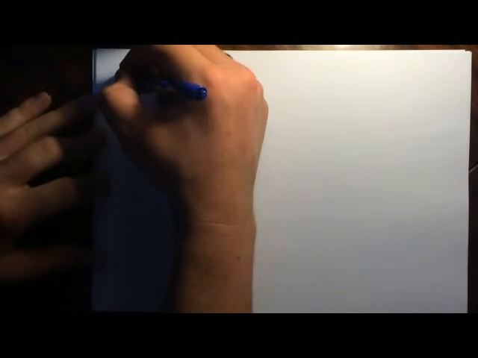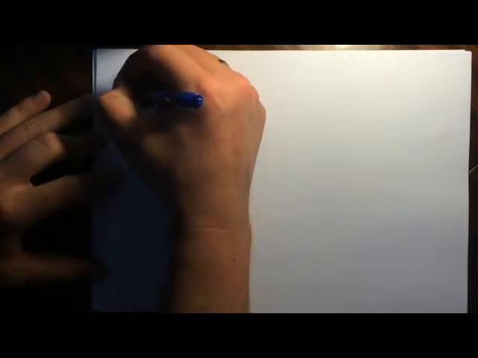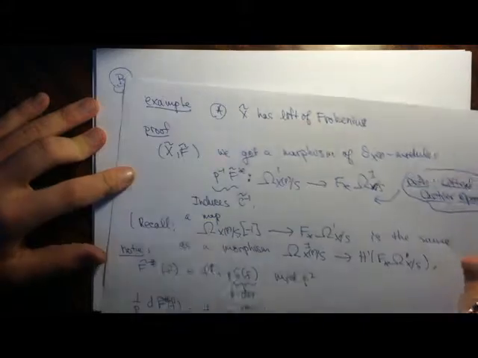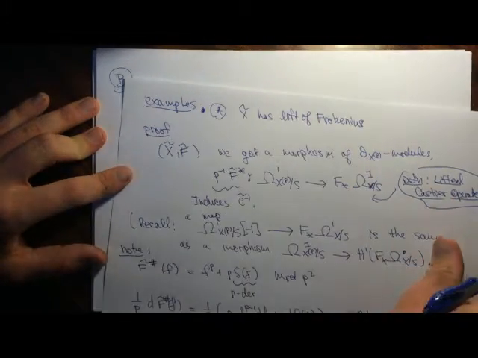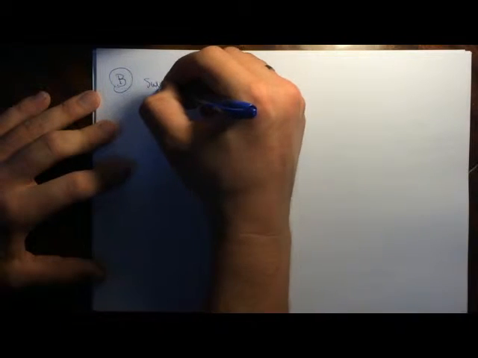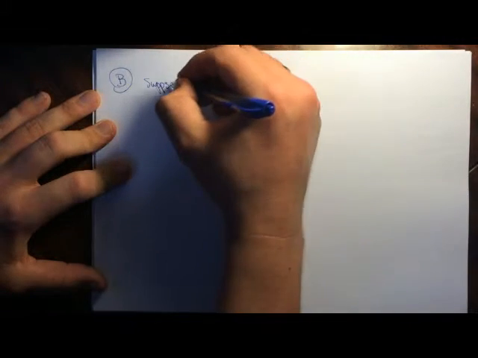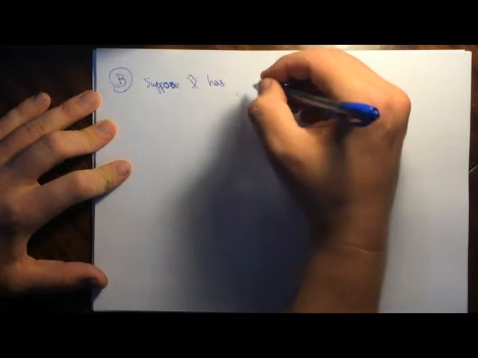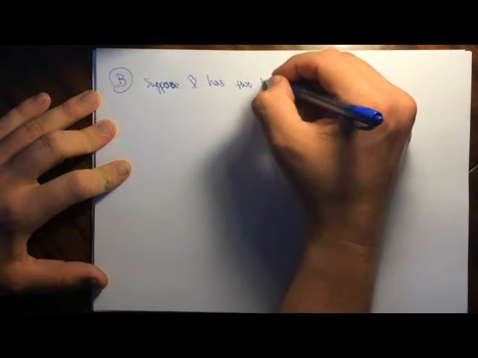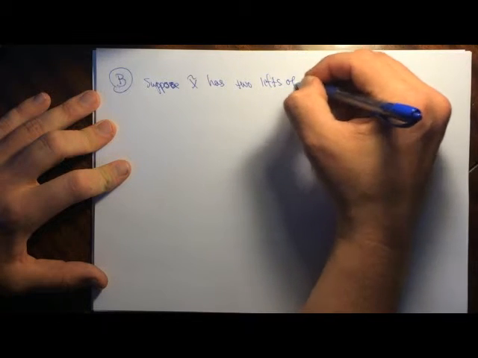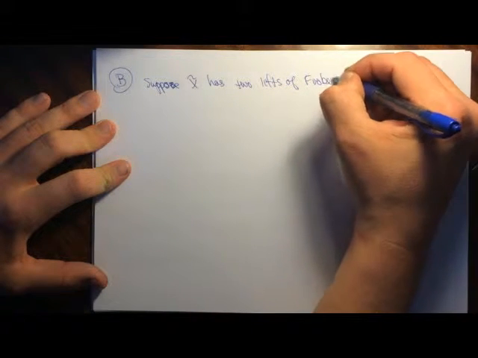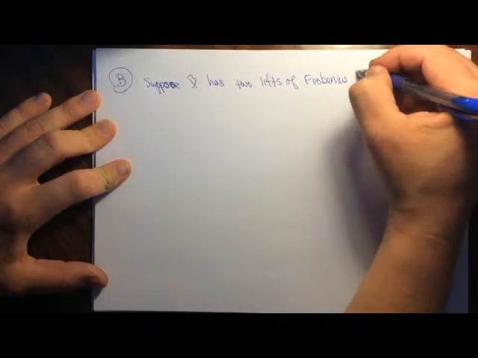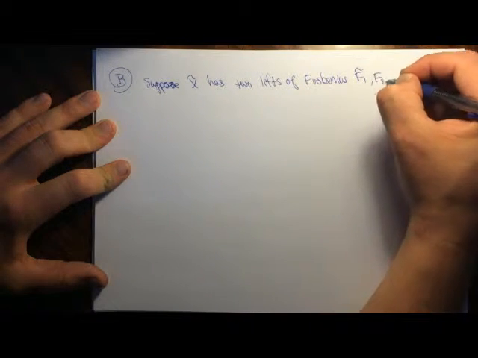Okay, so let me give another example. Example B. Okay, so there's two examples. This is the first one. The second one is the case where, suppose x tilde has two lifts of the Frobenius, let's say f2 tilde.